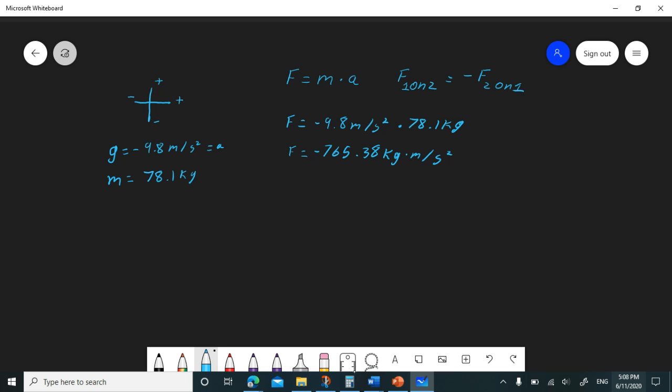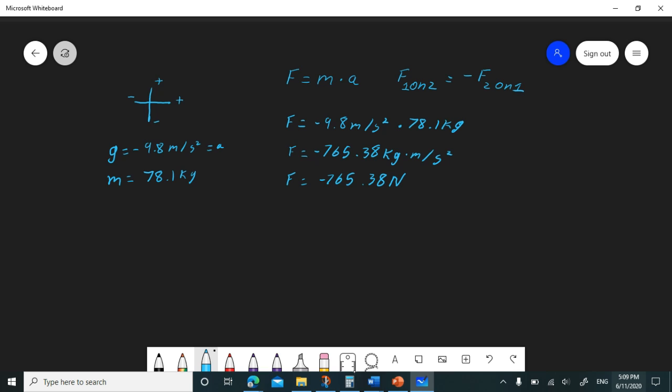And this unit, kilogram meters per second squared, is also called a Newton, and so it's equal to negative 765.38 newtons.